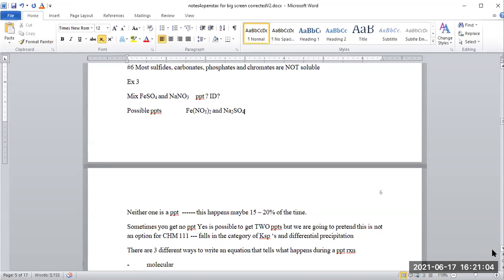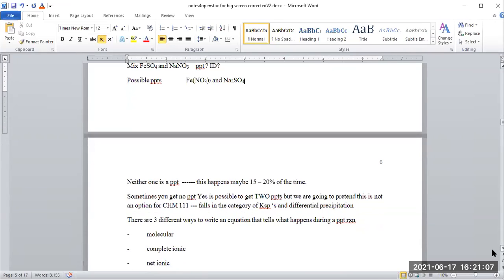Then we hit my notable exception thing here that usually somebody, especially when we're in class, goes, ooh, but what about this? So in reality, it is possible to actually get two things precipitating. For this semester, we're going to pretend that doesn't happen. There are additional rules, including something known as KSP values and differential precipitation, that become relevant in the second semester in Chem 112.